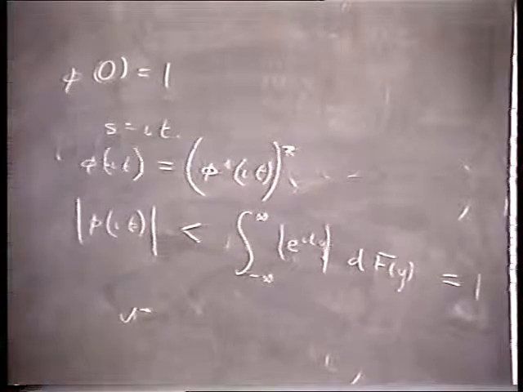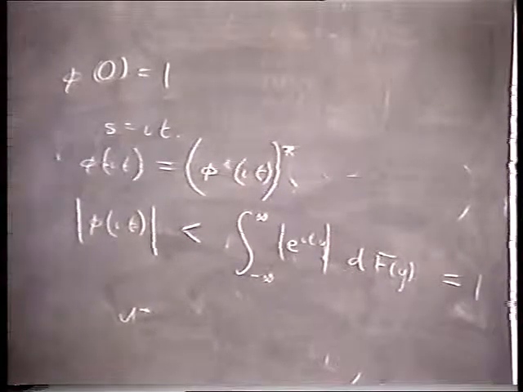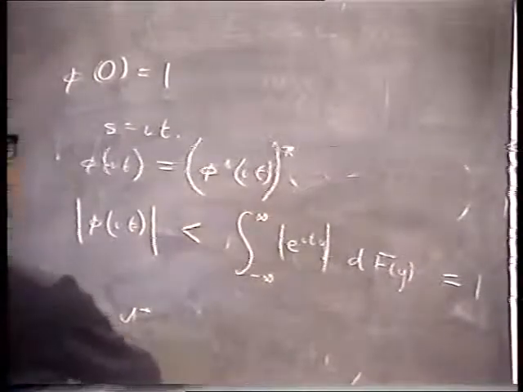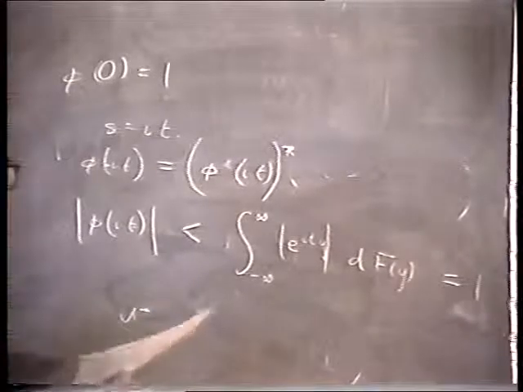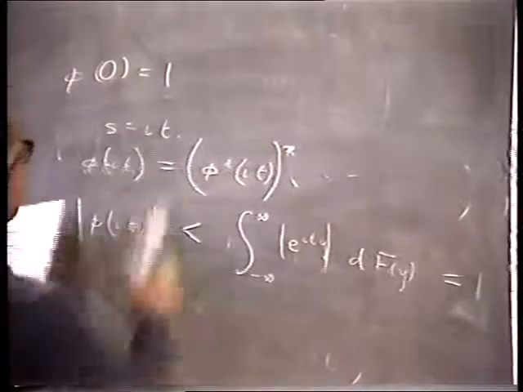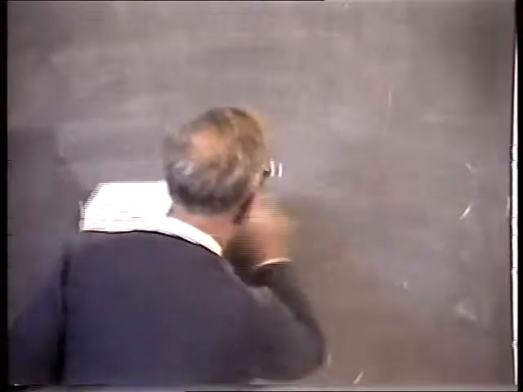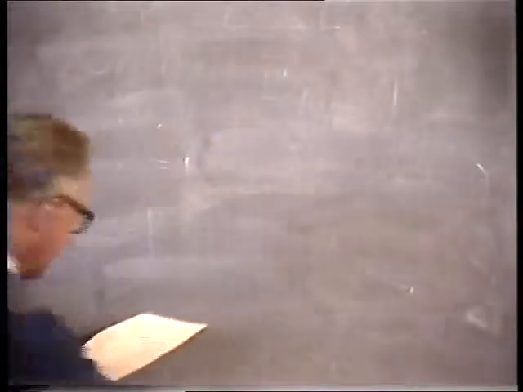So, it may very often be the case that we can define phi of it, and then we want to recover the cumulative distribution function, and we can make use of the general inversion theorem for Fourier integrals.